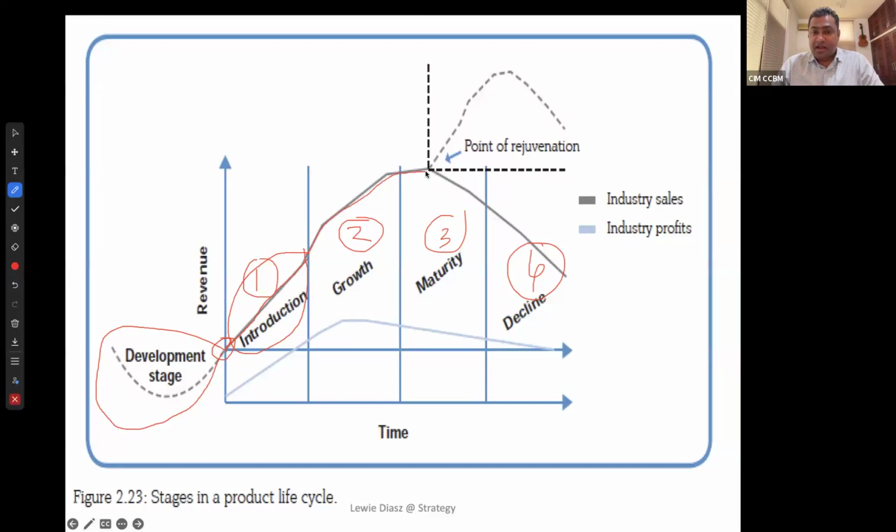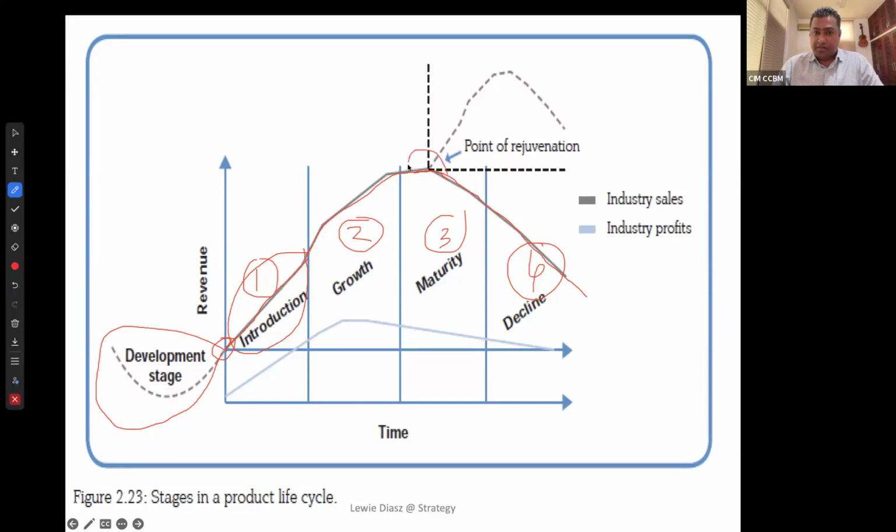Then come February, March, iPhone sales drop. Maturity stage. And then April, May, June, decline, huge decline. Why? The latest iPhone will come in a few months. So people are not buying. So the product life cycle for Apple's iPhone is 1 year.